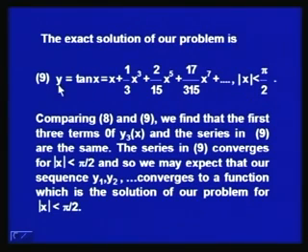Now, if we compare our third approximation y 3 x with the series in 9, we find that the first 3 terms of y 3 x and the series in 9 are the same. The series in 9 converges for mod of x less than pi by 2, and so we may expect that our sequence of approximations y 1, y 2 and so on converges to a function which is the solution of our problem for mod of x less than pi by 2.